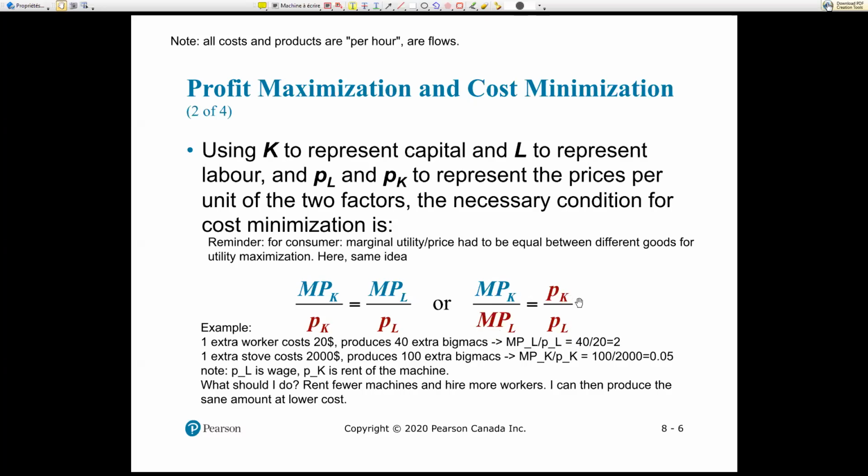What is PL? Somebody has an idea? No, I'm saying what does the price of capital represent and what does the price of labor represent?